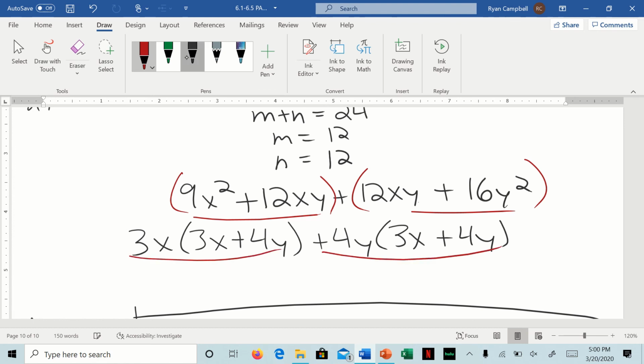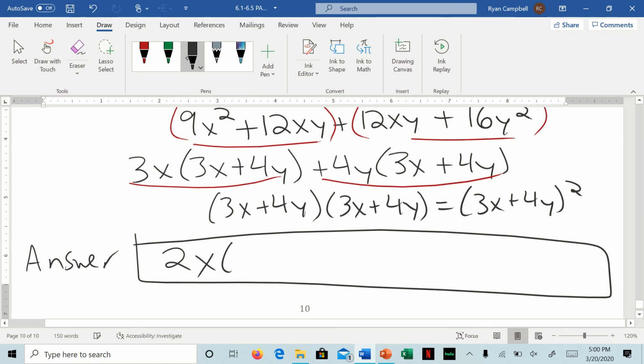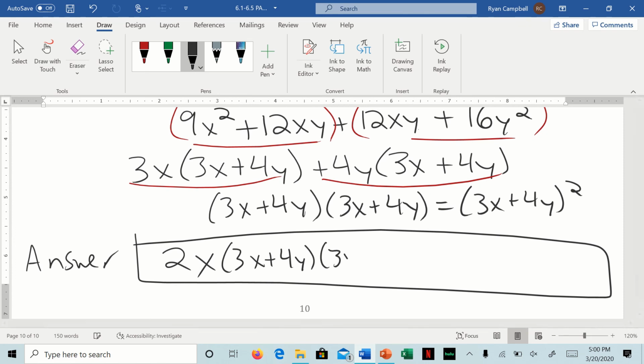We both got a 3x plus 4y, and we are left with a 3x plus 4y. So again, you can leave it like that, or if you want to be fancy, you can square it, right? And since those are all linear, that is our final answer. Or you can just write it once and say it's squared.